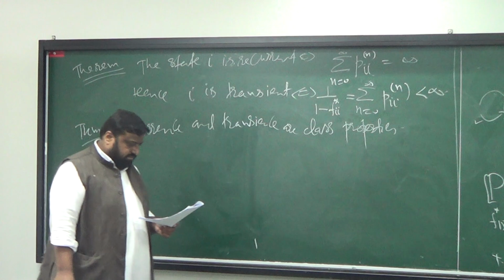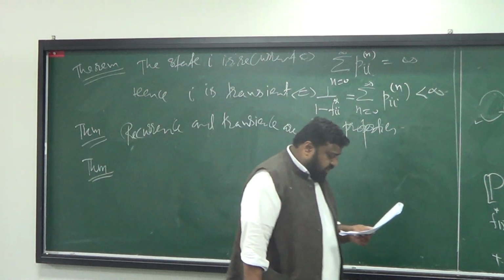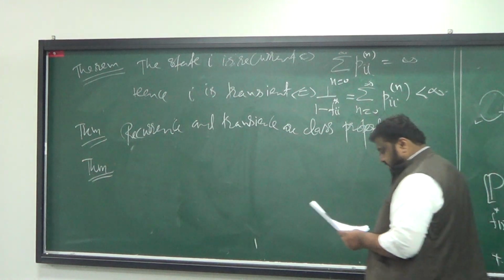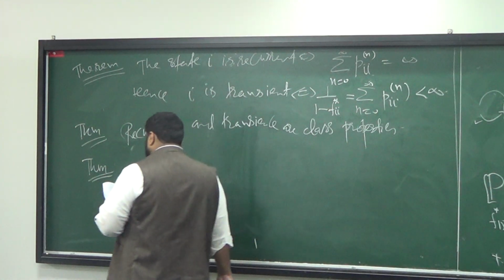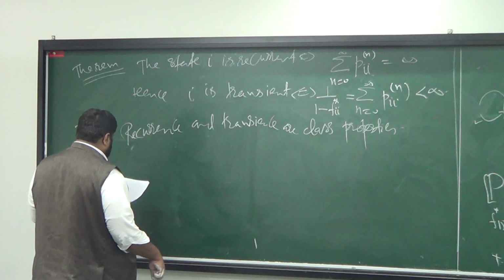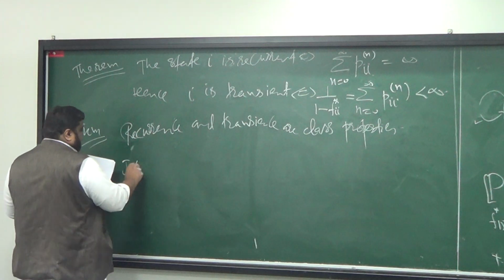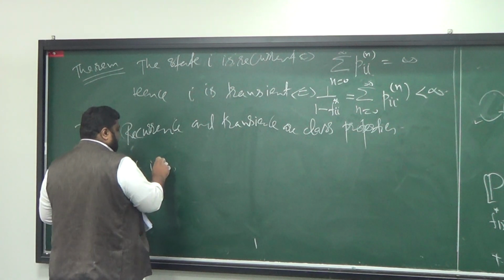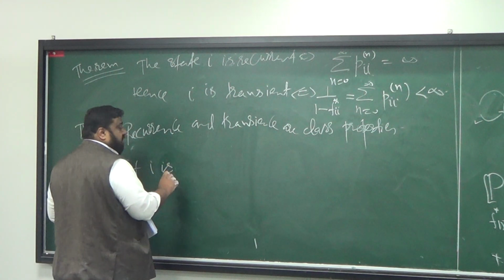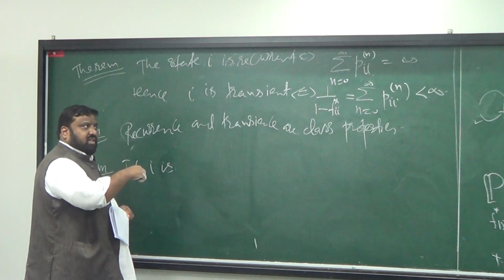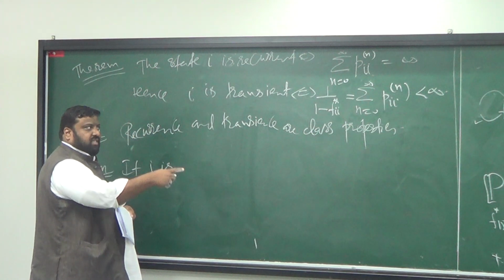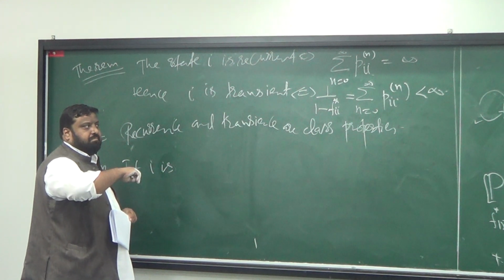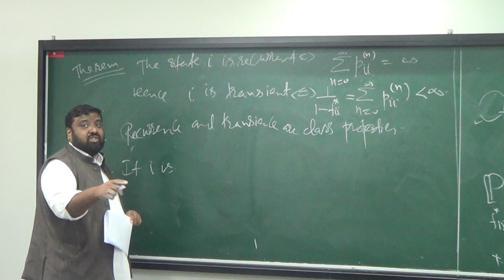Another result, probably I'll quickly write its proof. It's an interesting one. You can use it, and you can see it through for yourself as well. So if I is recurrent, this theorem is kind of linking recurrence and transience with essentiality or inessentiality of the state actually.